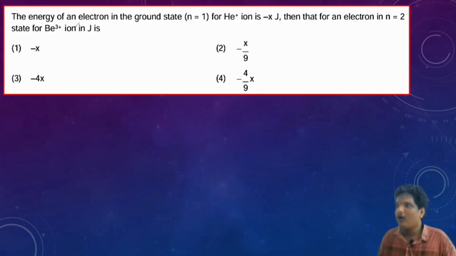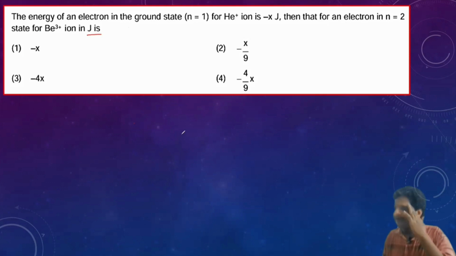The energy of an electron in ground state n equal to 1 for helium plus ion is minus X joules. Then that for an electron in n equal to 2 state for beryllium plus 3 ion in joules is?